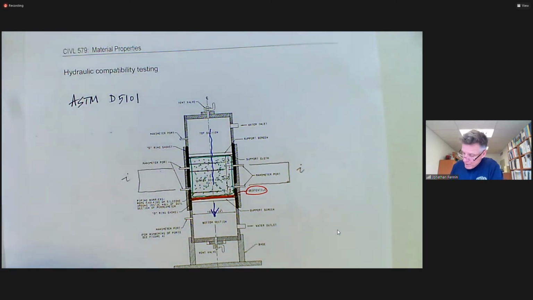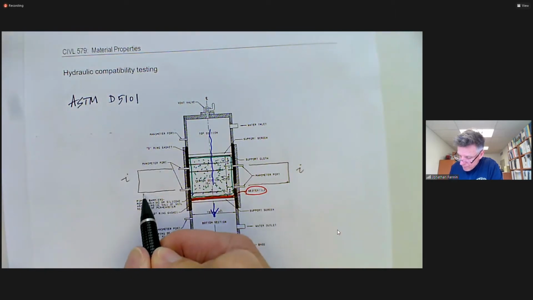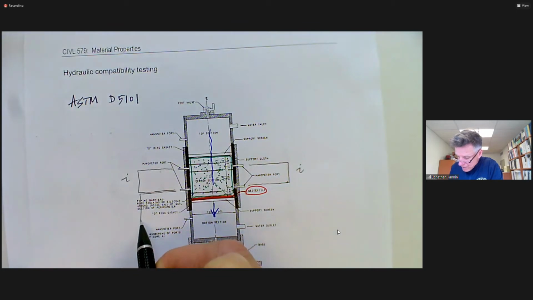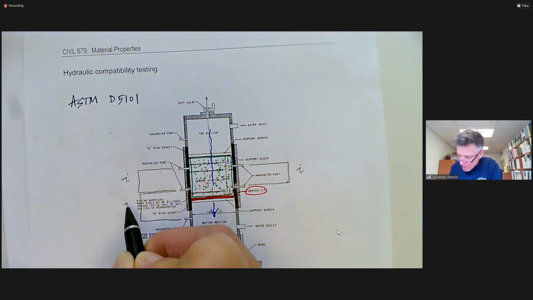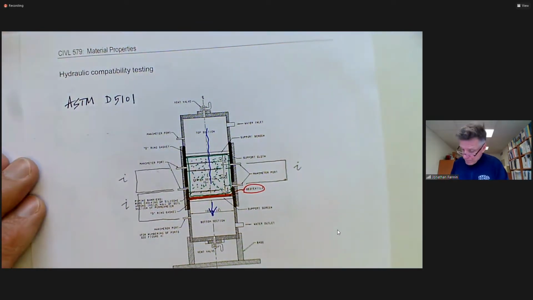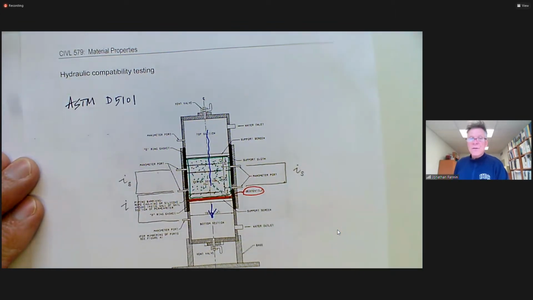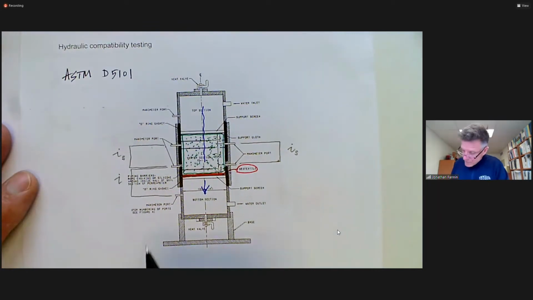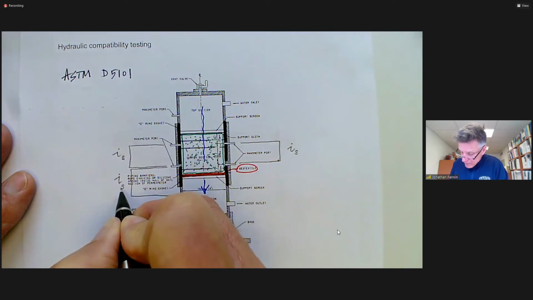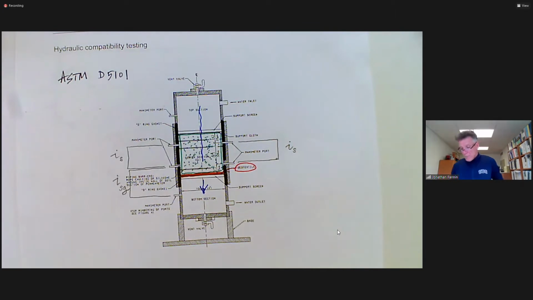And if we have other manometer ports, like the one shown here, where we put a differential pressure transducer across, we could get another hydraulic gradient. This hydraulic gradient is within the soil, so let's call that i_s for the soil. This one is across the last little bit of the soil and into the geotextile, across the soil-geotextile composite, i_sg.